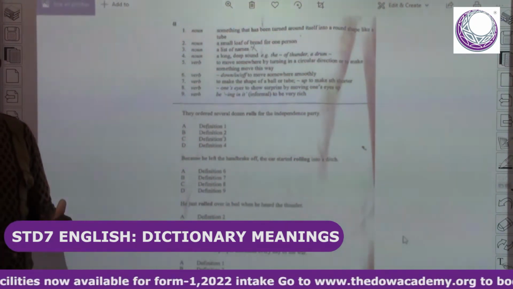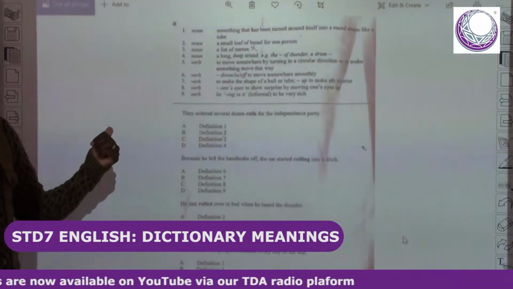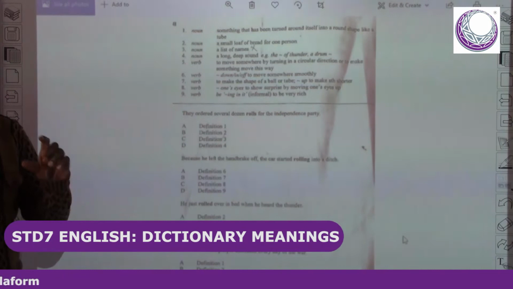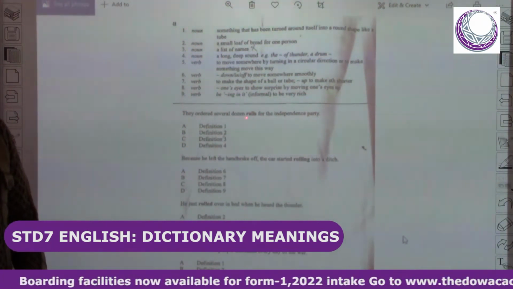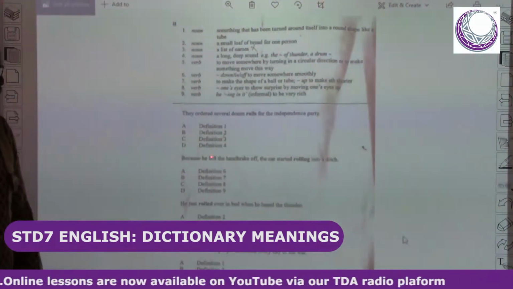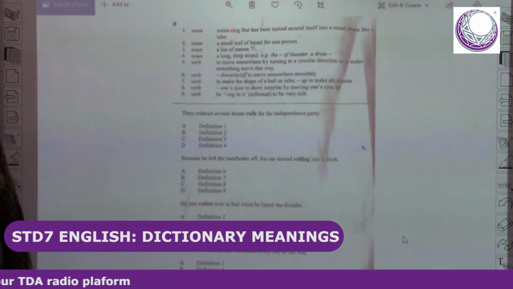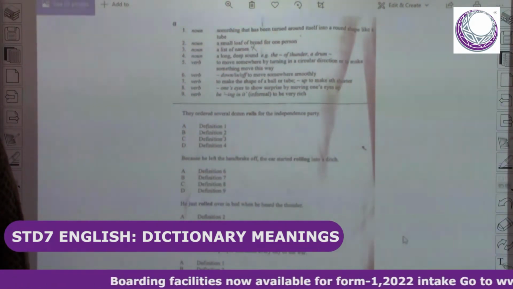You also need to look out for the word that has been used, and usually the word is highlighted. Why is the word highlighted? It is highlighted so that you don't miss anything. So it's very important to read the table first of all before you attempt the questions.